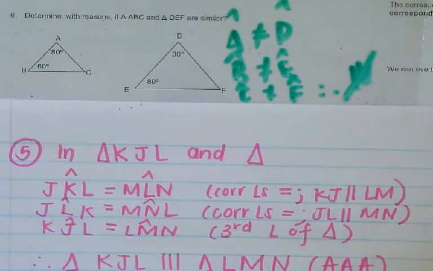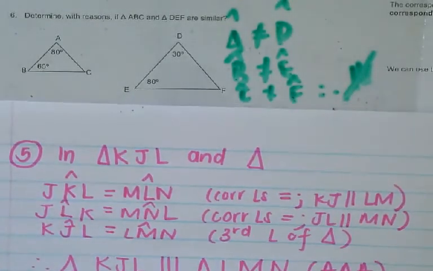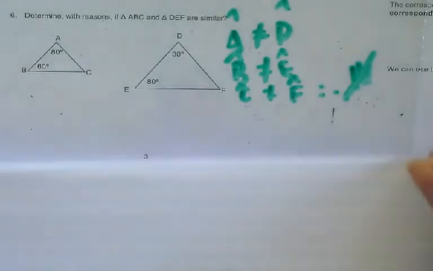So you would say triangle ABC not similar to triangle DEF. You finished with the pink? So I'm going to write it out properly now. I just didn't have enough space there.